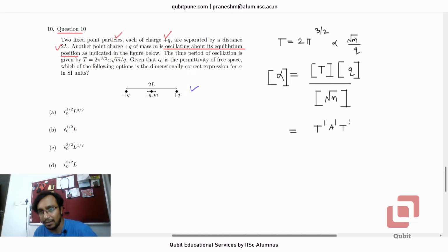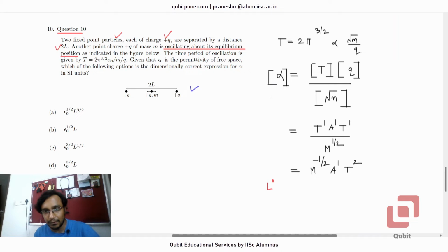Charge is current into time, upon m raised to half. So effectively the dimensions are m raised to negative 1 upon 2, A to the power 1, T to the power 2. Now the options basically indicate that alpha does not have any dimension in length, right?